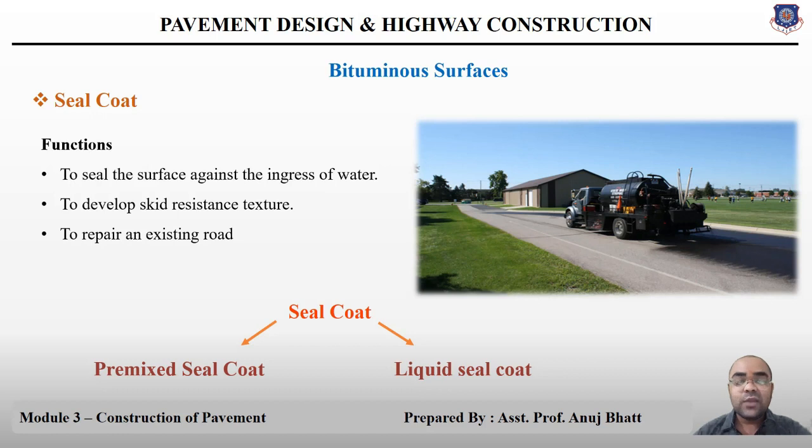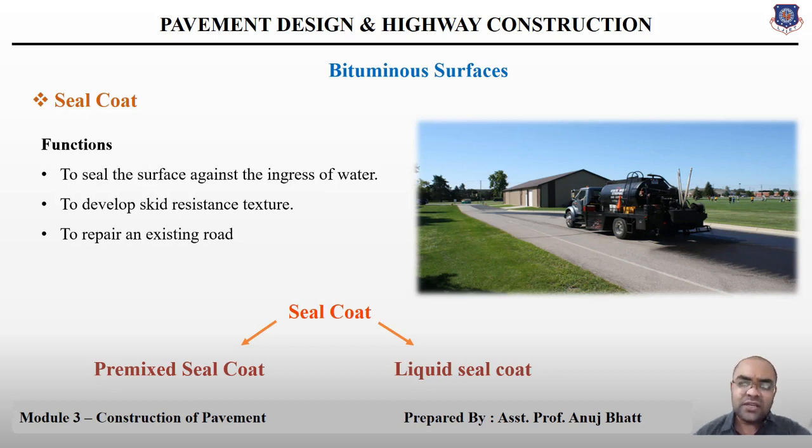Next is the liquid seal coat. In areas of heavy rainfall, a liquid seal coat is applied over the carpet. In this, hot bitumen is sprayed on the existing surface at the rate of 9.8 kilogram per 10 meter square area.